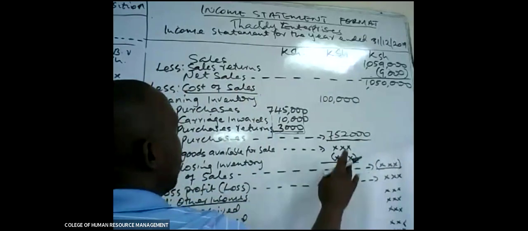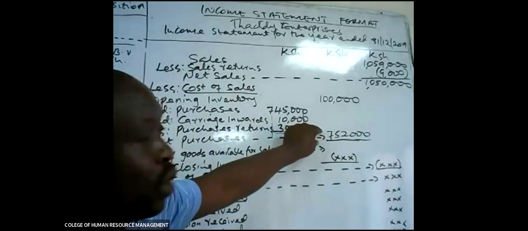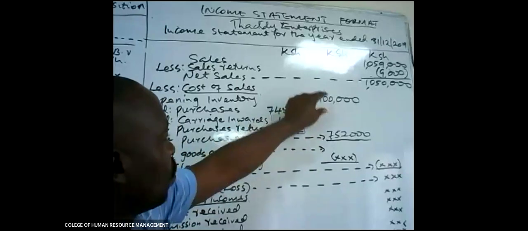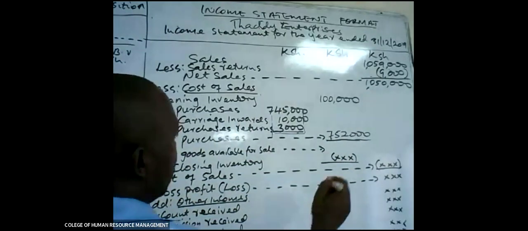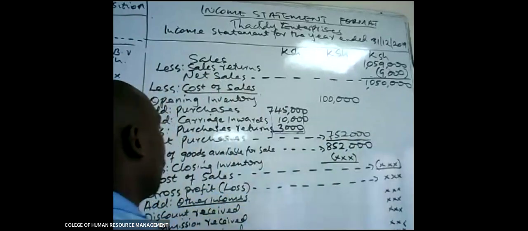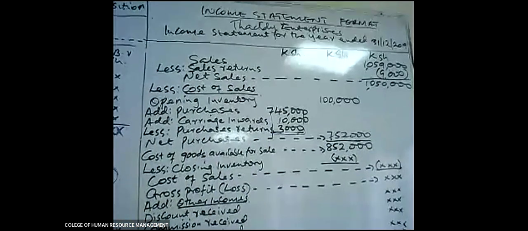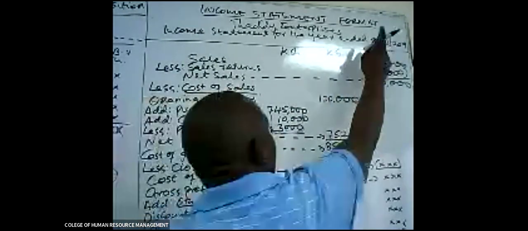If you add to 100,000, what will be the cost of the goods available? This is the cost of what we have bought this year, plus the cost of the goods that we started with, the opening inventory. That will give us the total cost of goods available for sale, 852,000. Then from that, you minus the closing inventory, written there as inventory at 31st December, the date when the year is ending.